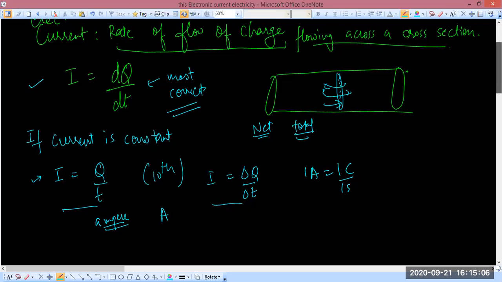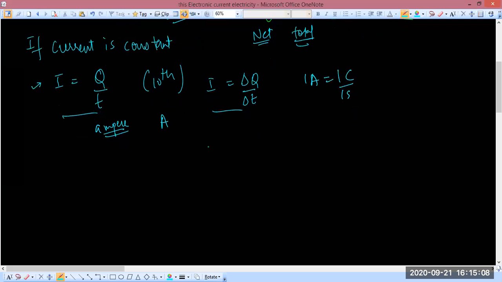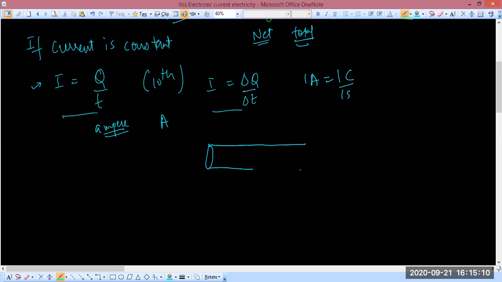Okay, so let's try this one quick question. Suppose this is some kind of tube, and in this tube electrons and protons are moving. Let's say I mark one cross section here.